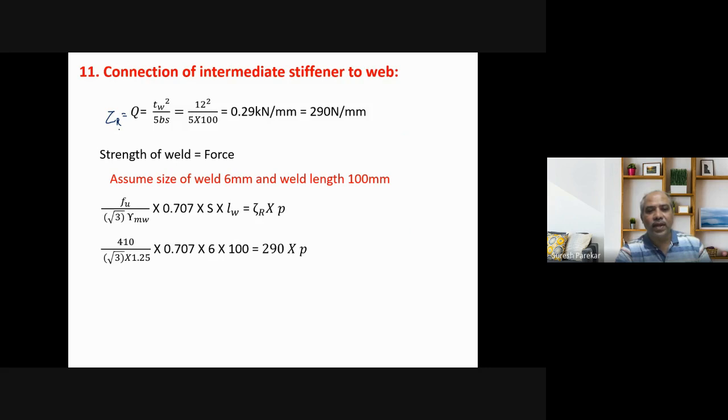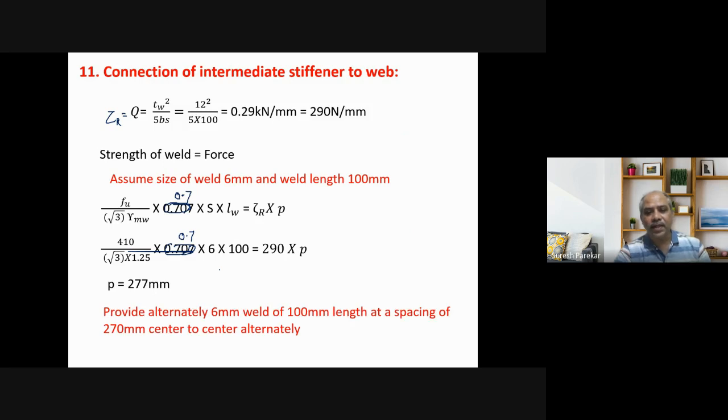So we have 410 upon root 3, 1.25, 0.7. So this should be 0.7 only, not 7, because we have from table 22 this value as 0.7 only, and by taking this value as 0.7, we are going to get value of p, that is 277 millimeter.